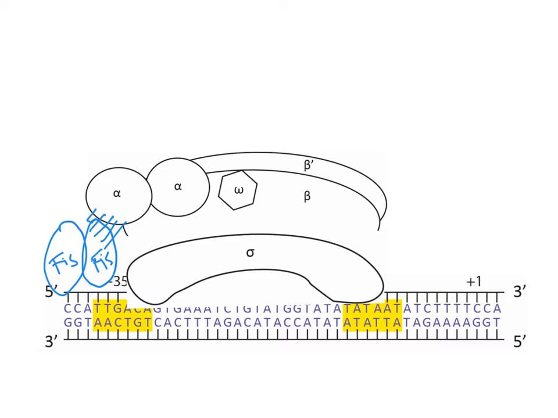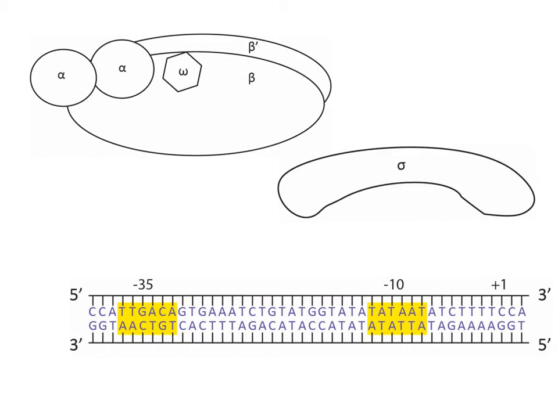Now remember that the sigma factor controls the specificity of RNA polymerase binding. Now, under certain conditions, cells can express different types of sigma factors. So the most common sigma factor in E. coli, and the one that's used to express most of the common housekeeping genes, is sigma 70. But other sigma factors are also made, and these recognise different sequences.